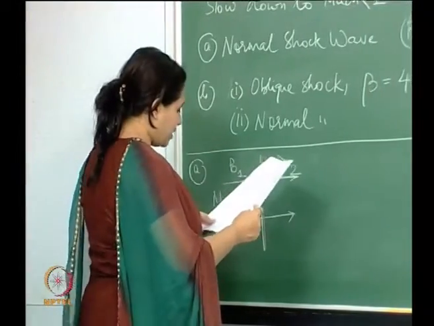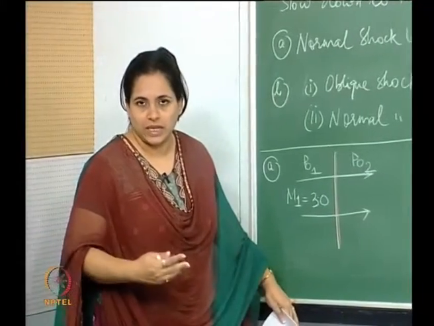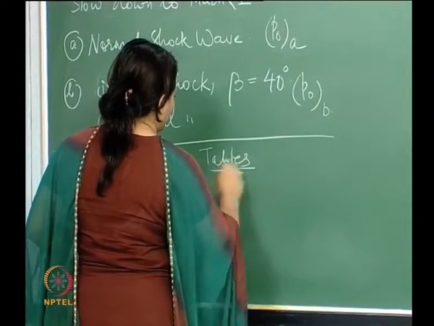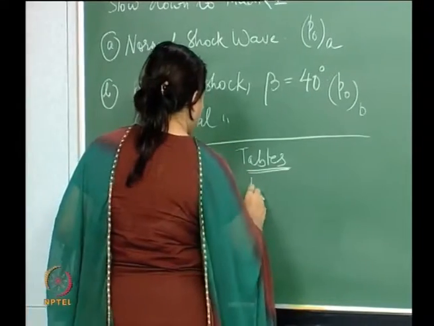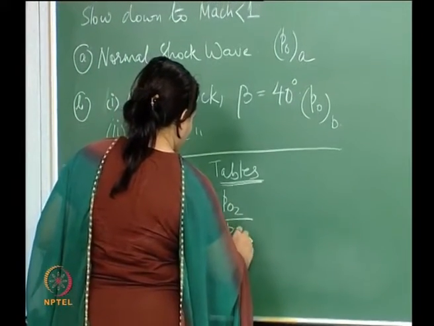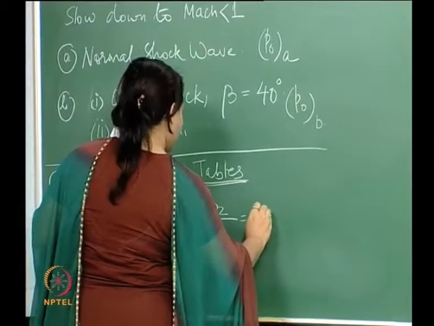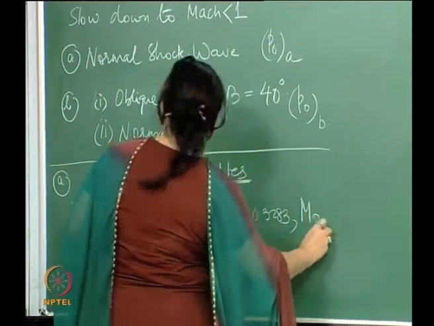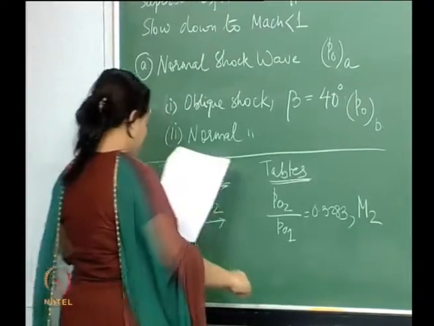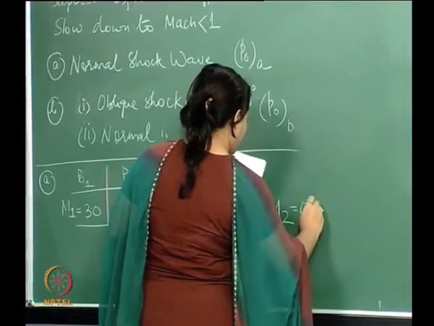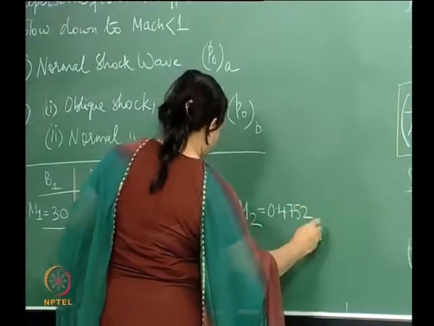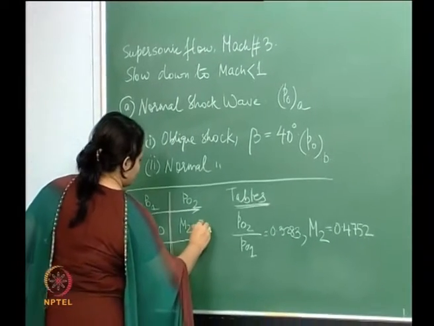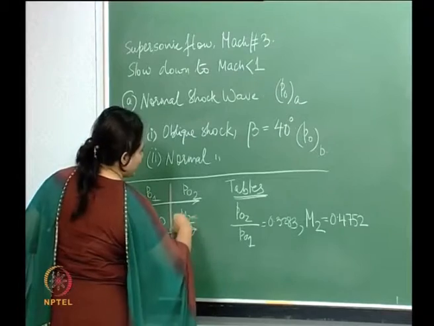If I now start using the tables, from the tables what we get is this, and the Mach number in here is less than 0.5 actually.